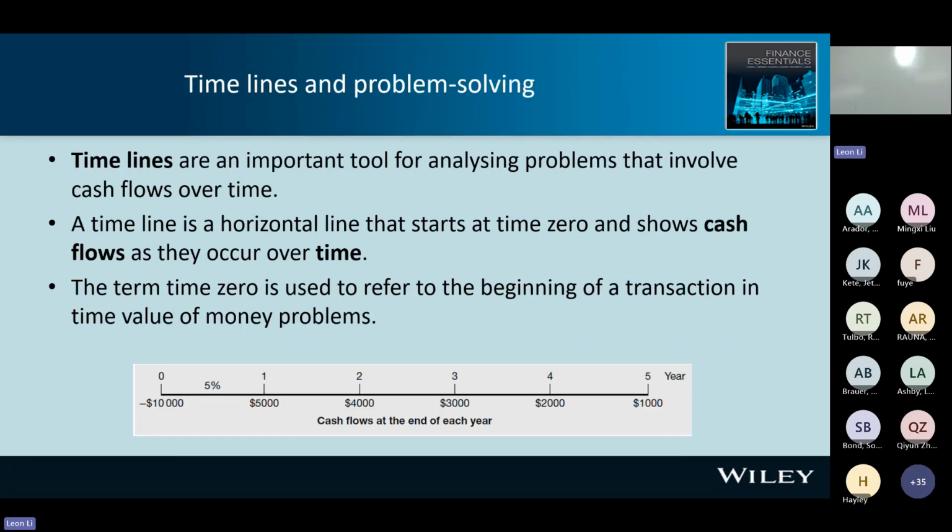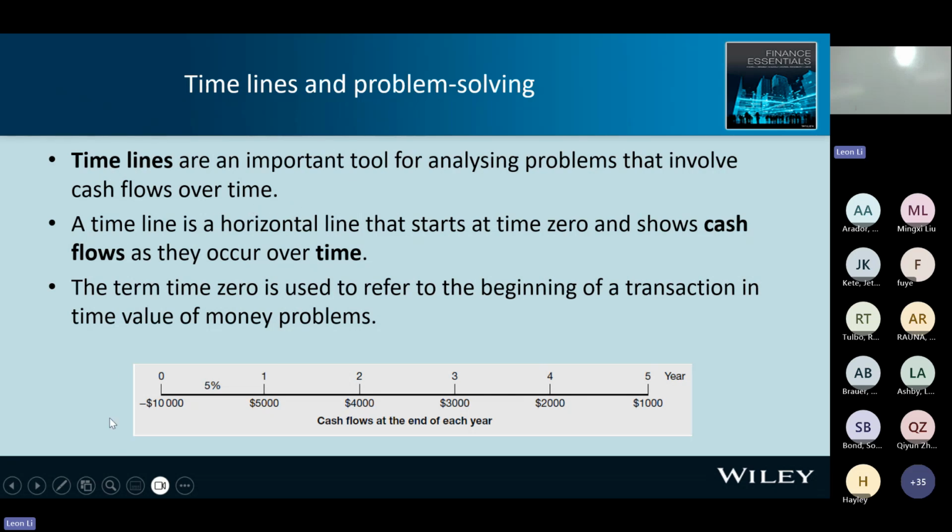So next slide, we discuss the timeline and the problem solving. So when you do any finance question, I would suggest students prepare the timeline first. Timelines are an important tool for analyzing problems that involve cash flow over time.